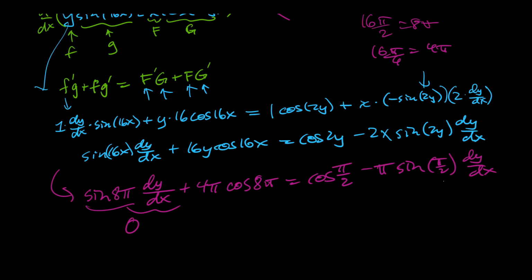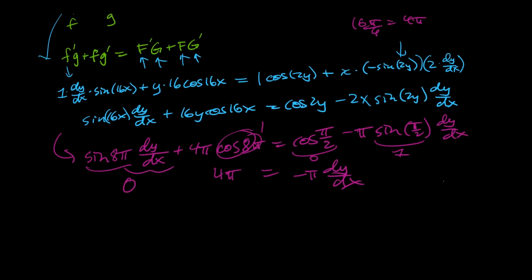Cosine of 8 pi is 1, so this is 4 pi. This is just 1. And now cosine of pi over 2 is 0, and sine of pi over 2 is 1. So 4 pi equals negative pi dy/dx.